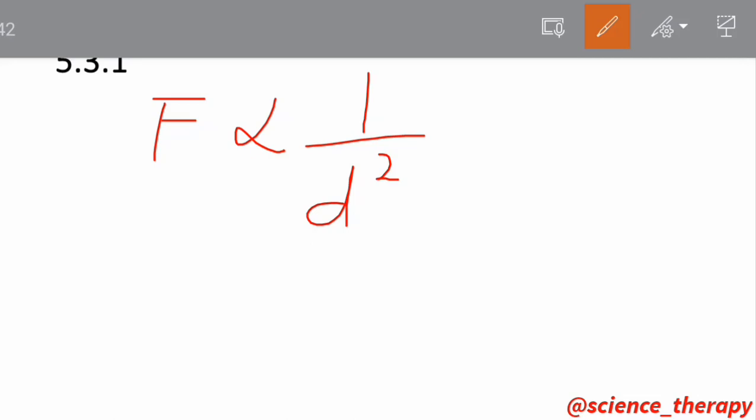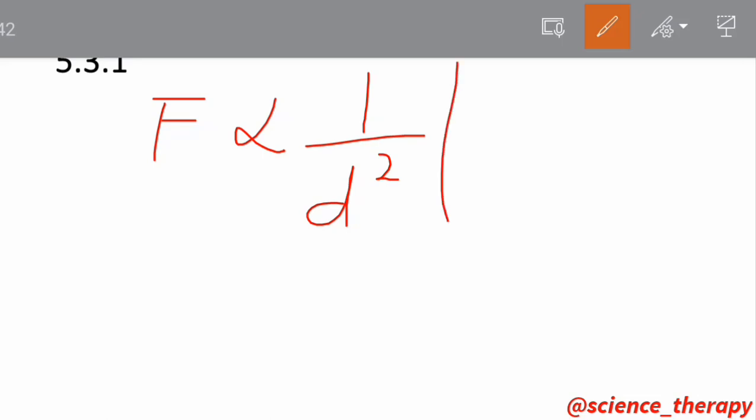For inverse proportion, we say F is inversely proportional, you're going to have 1 over the quantity d squared. So the weight or the gravitational force is inversely proportional to the square of the distance between their centers. So that is the mathematical relationship. You show it like that.